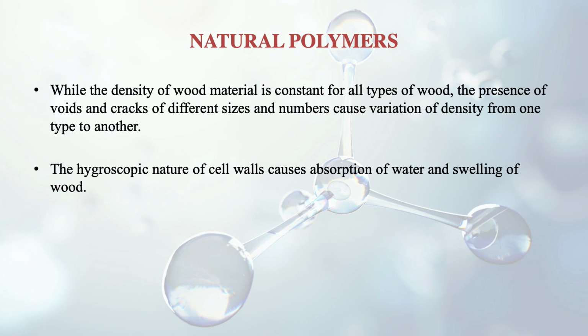So the density will vary according to the number of voids and cracks in the particular piece of wood. The hygroscopic nature of cell walls causes absorption of water and swelling of wood. So wood is a hygroscopic material, that means it attracts and absorbs water.